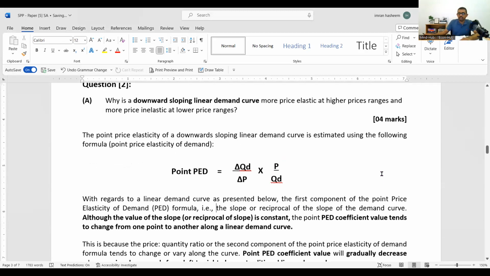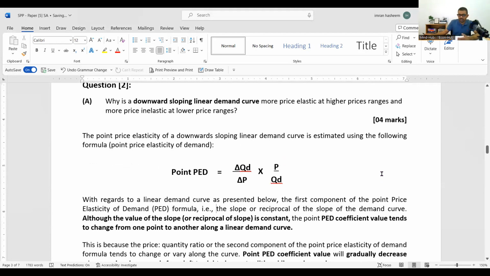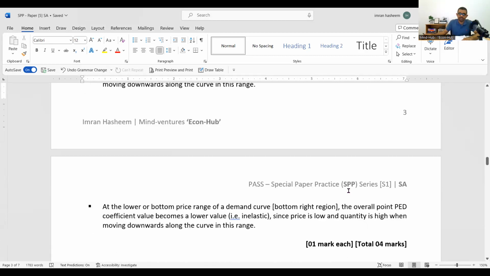So I'm suggesting an answer here, and I want you to go through it and see if there's anything you can add to the answer you wrote for this question. Perfect your answer with this.